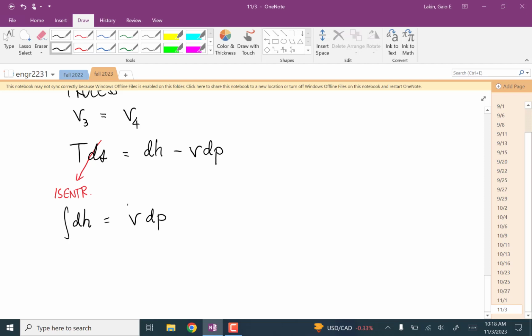And we can integrate both sides. But notice that this V is constant, because it's incompressible.